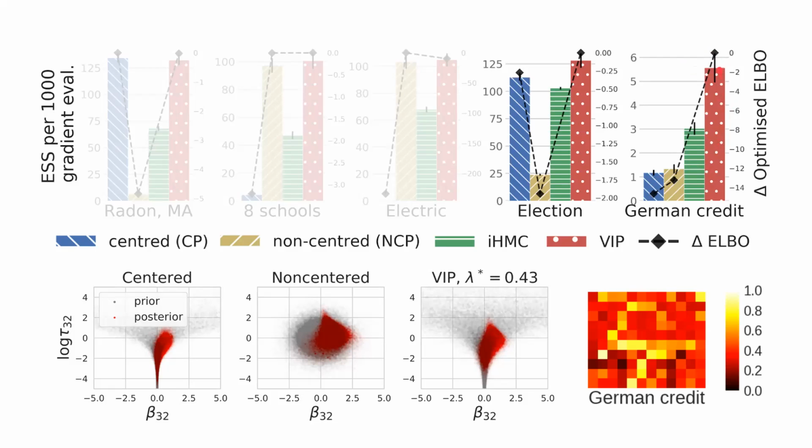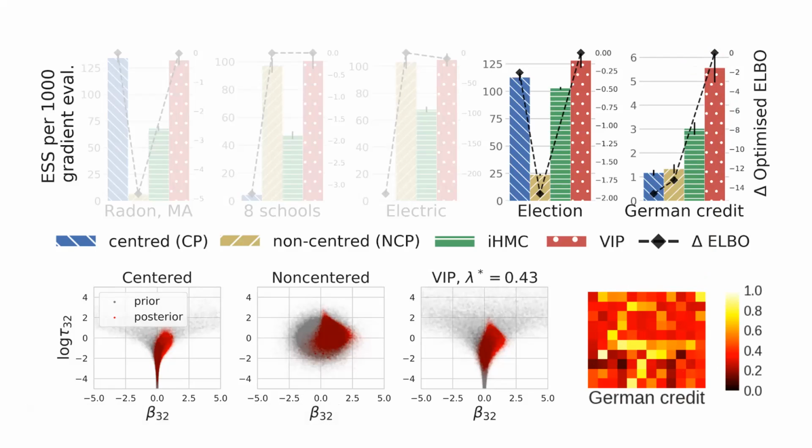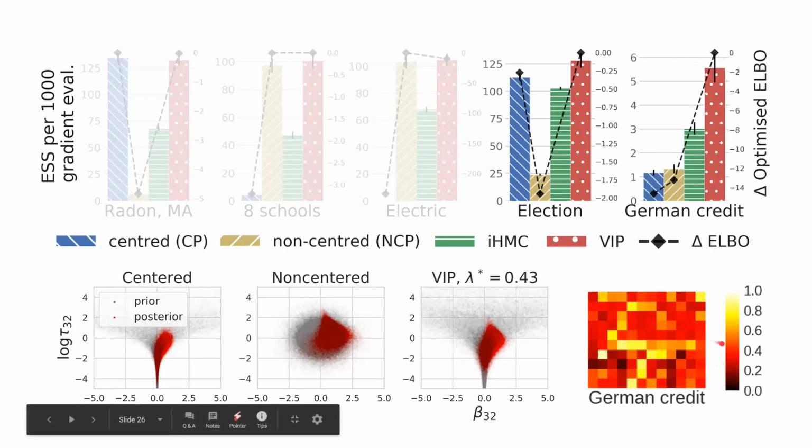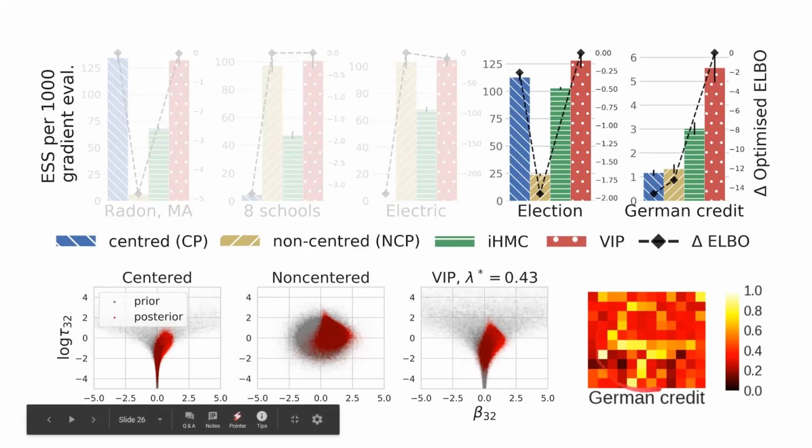And this parameterization that was found by VIP, you see it here, right? It's nothing that an actual human would have come up with, because we don't just have some variables being centered and some variables being non-centered. No, we have some variables where lambda is 0.5. What does that even mean? That's something in between centered and non-centered. So a human would never have come up with this reparameterization, but it does so much better.